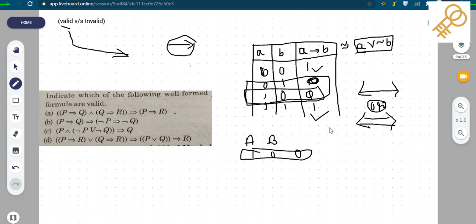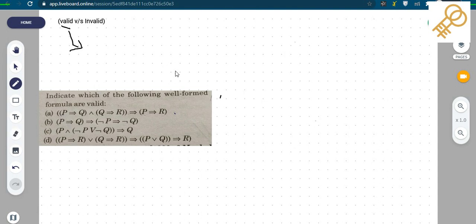Now let us move towards the topic, that is valid and invalid. Valid is nothing but whenever you get all the values as true. For example, suppose I have any propositional relation, say A or B. Suppose for this propositional relation I get all the values as true, so this is called a valid propositional relation.